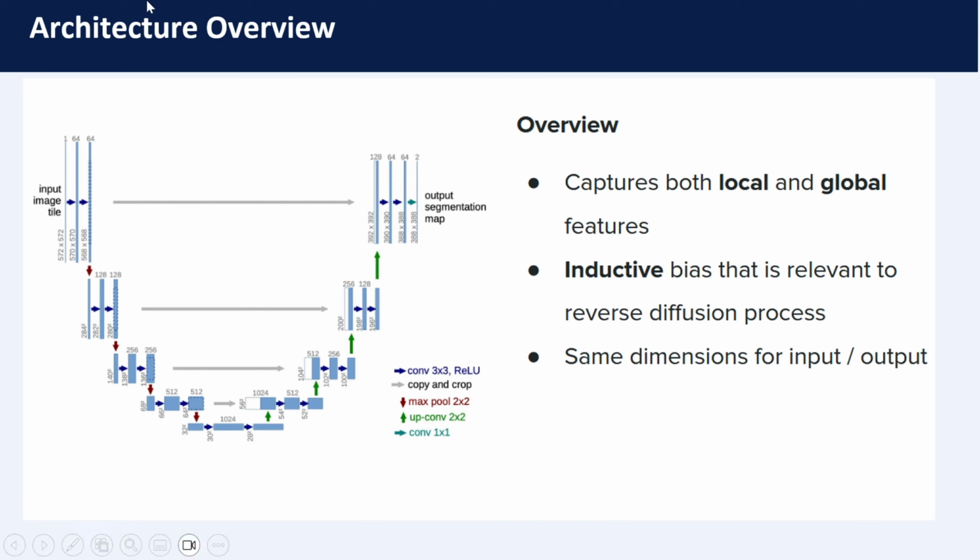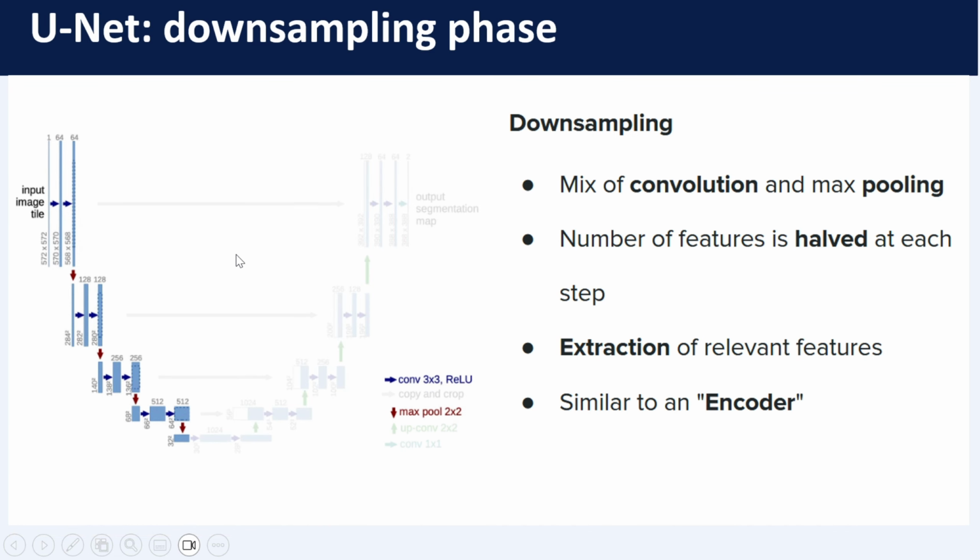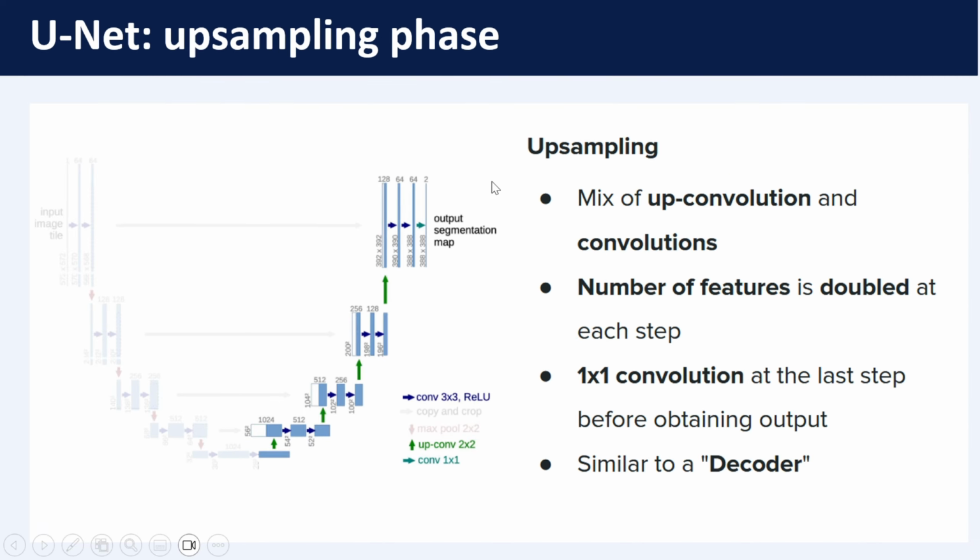So what you can see here is the U-Net architecture, right? And that U-Net consists of a contracting path, which is the left side, and an expansive path on the right side.